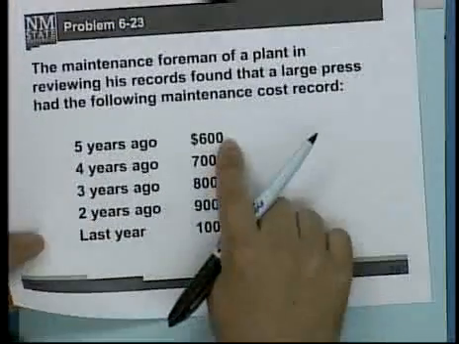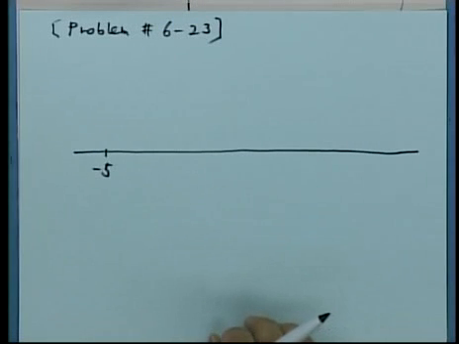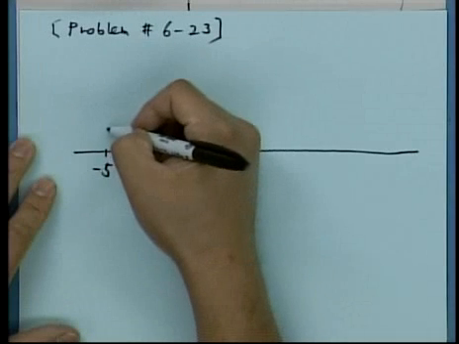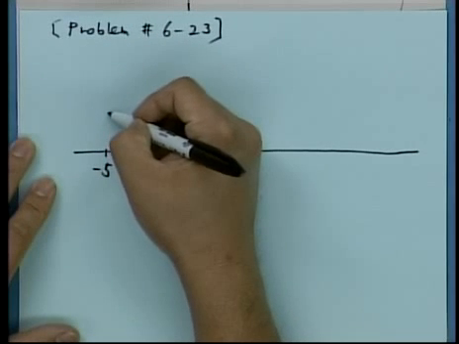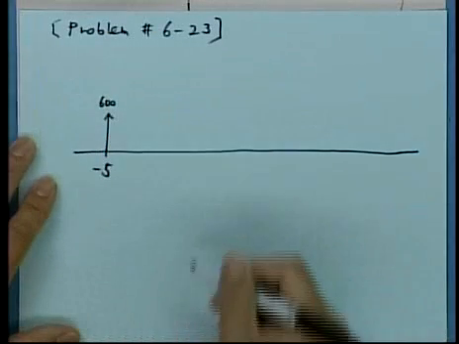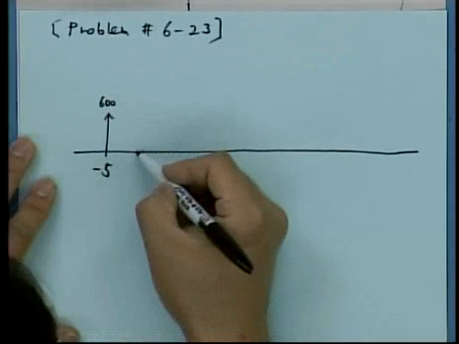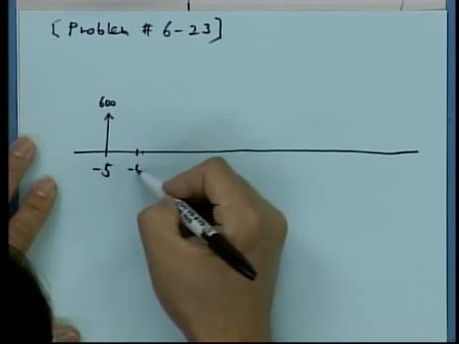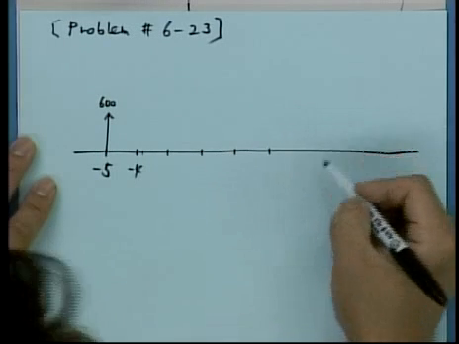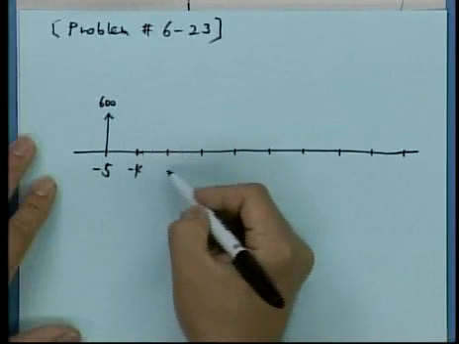There is a $600. So I'm going to put here 600. And 4 years ago, just put some here. 3, 2, 1, 0, 1, 2, 3, 4. Okay, something like that.